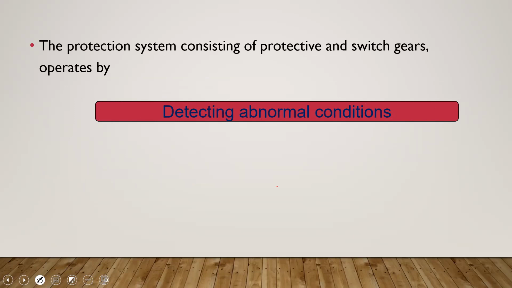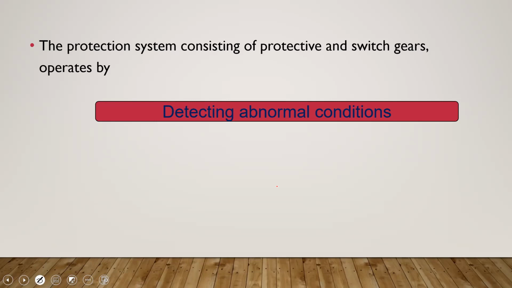I'll speak a little more to the distinction, but your switchgear is simply your circuit breaker. The protective gear is everything else, your relays, your CTs, etc. All right? But let's focus now on the four stages.